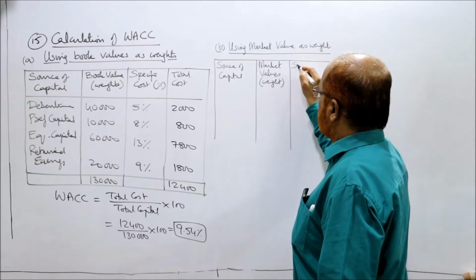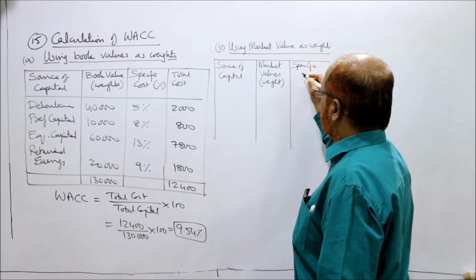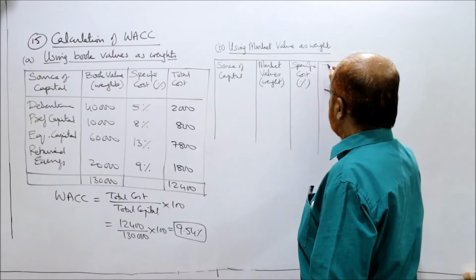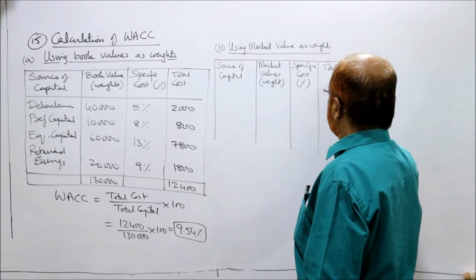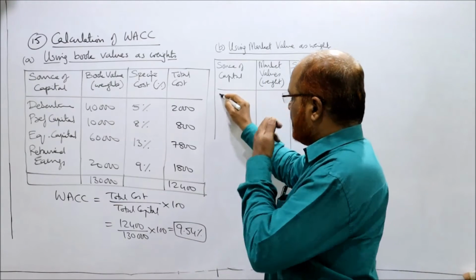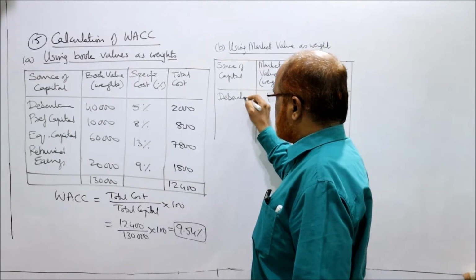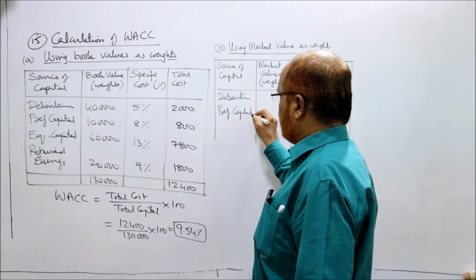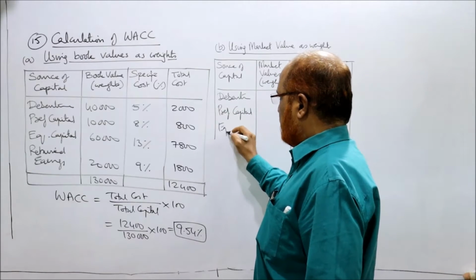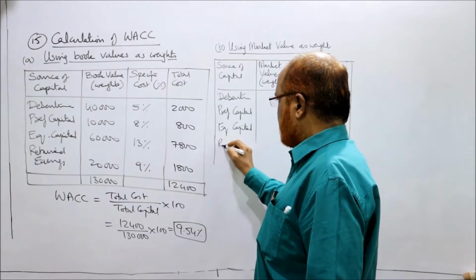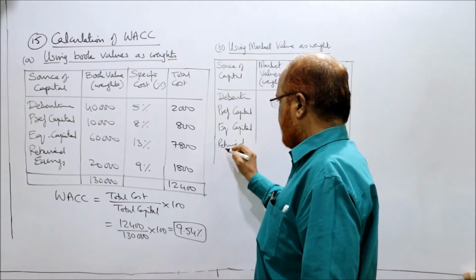Then we have specific cost percentage. Last one we have total cost. Same items: we will take debentures, second preference capital, third one equity capital, last one it is retained earnings.